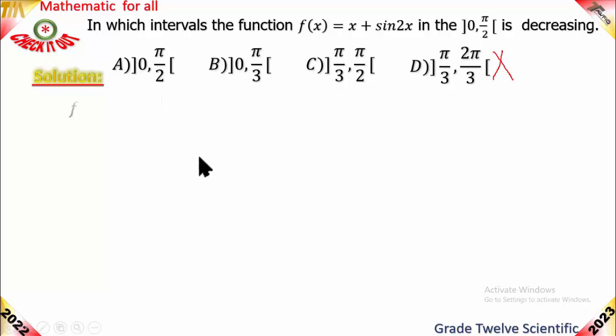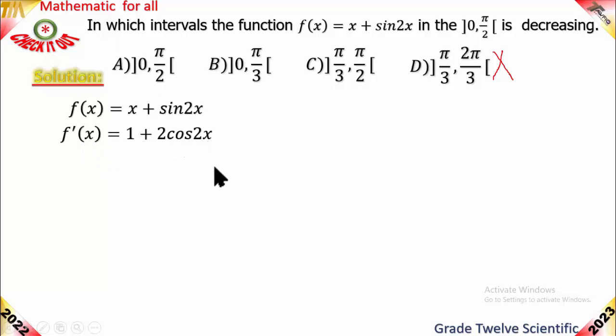First of all, find the first derivative. f prime of x is equal to 1 plus 2 cosine 2x. And now draw the number line and put the values of x which you have in the given choices a, b, and c. You have 0 and you have pi over 2 and you have pi over 3.